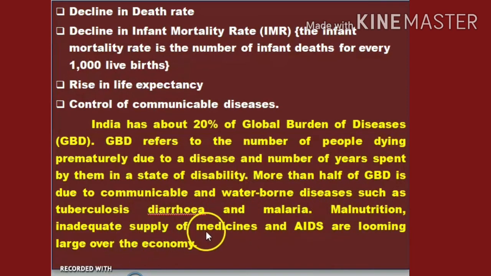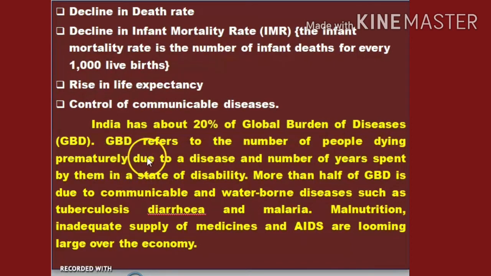Malnutrition, inadequate supply of medicines, and AIDS are looming large over the economy. This is one of the most important factors still prevailing in India, due to waterborne disease, lack of sanitation and better healthcare facilities in rural areas, and less awareness of the diseases. These things have been spreading.